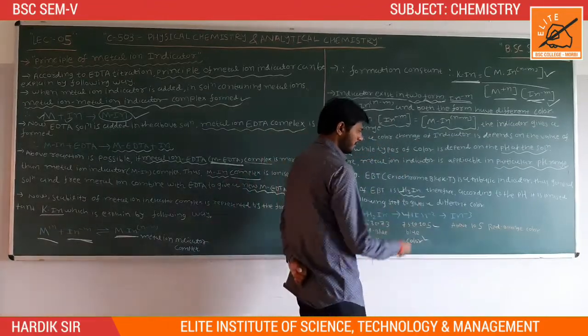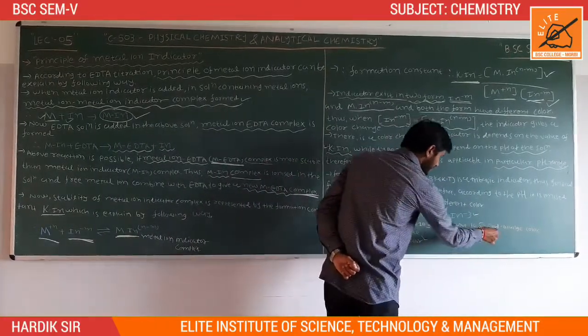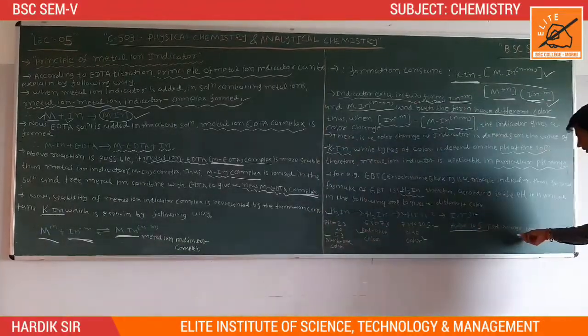The pH range is 7.3 to 10.5, and the solution color was blue. And finally, our third step, In 3 minus, above pH 10.5, and the solution color was red orange.